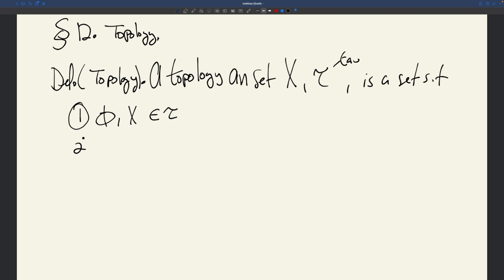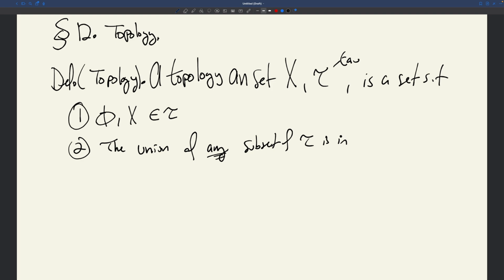Cool. 2, the union of any arbitrary, or I guess it doesn't even have to be arbitrary, but any subset of tau is in tau.